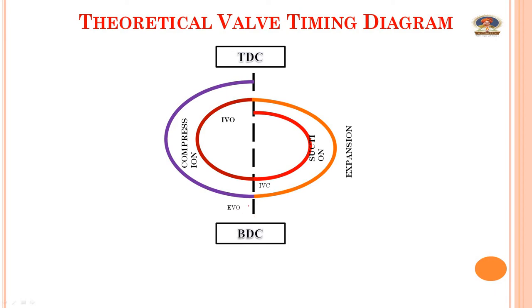So at the beginning of the exhaust stroke, the exhaust valve will open. This is the exhaust stroke. At the end of the exhaust stroke, the exhaust valve will close. So this is the theoretical valve timing diagram for a 4-stroke petrol engine.